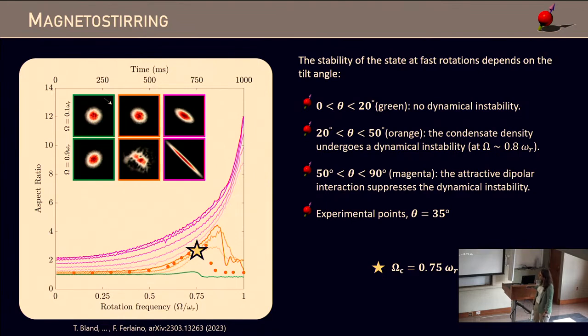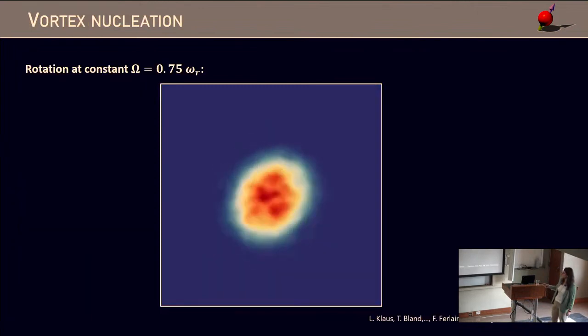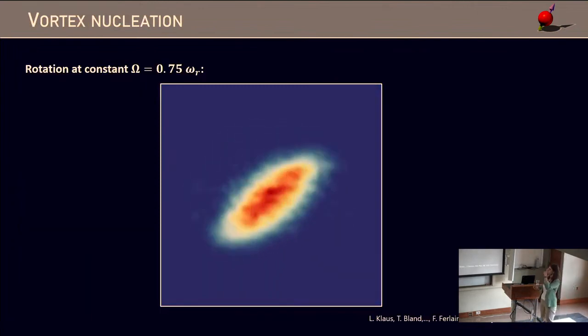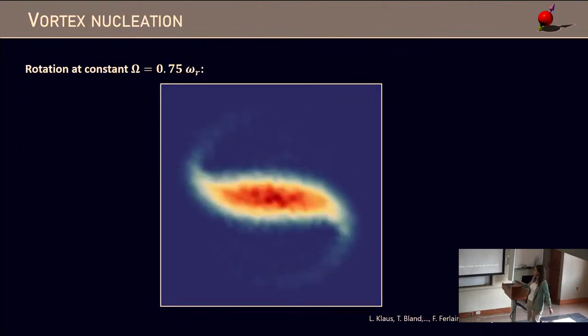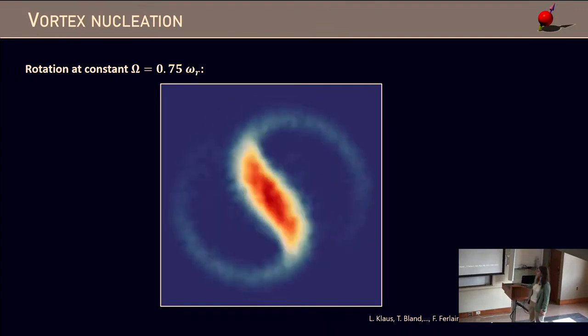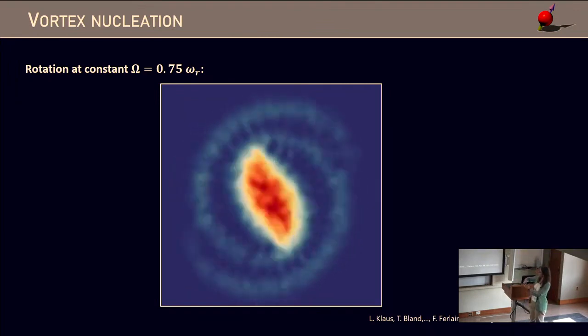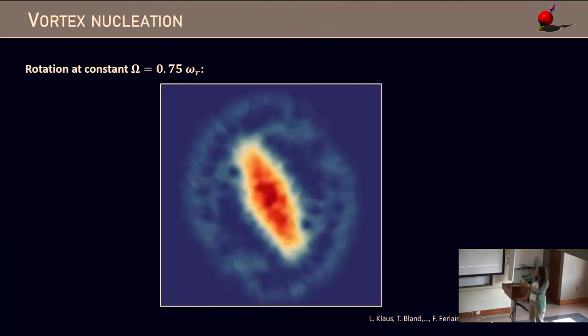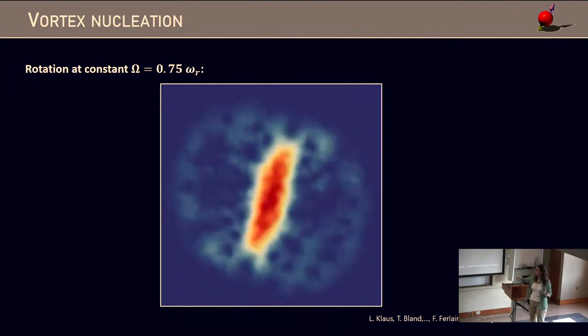So without doing this ramp, we just set the frequency of rotation at this fixed value. What we expect is something like this. Here there's a simulation in which we tilt the magnetic field and start rotating at a constant frequency. First you see that the dipolar BEC gets elongated, as expected.